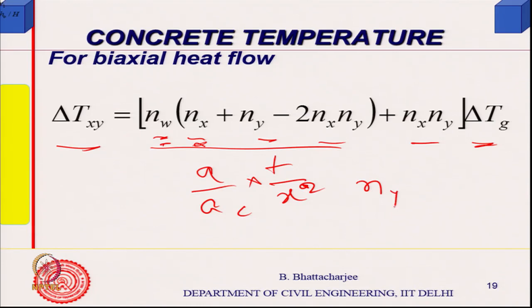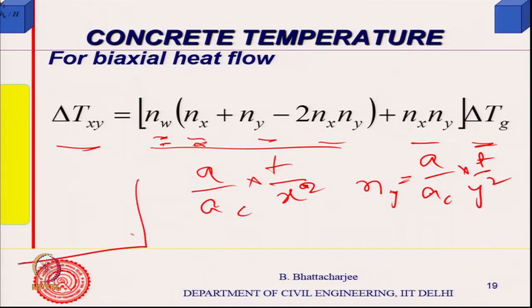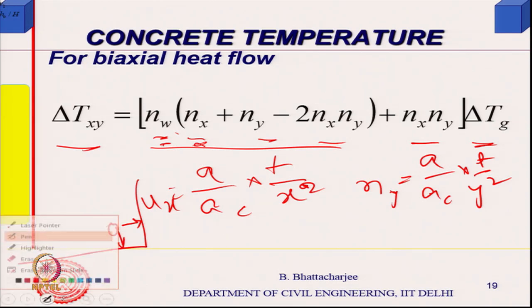What is Ny? Ny is simply the same, A by Ac into t by y square. So, you find ux and uy in the same manner; this is x, and this must be y, right.